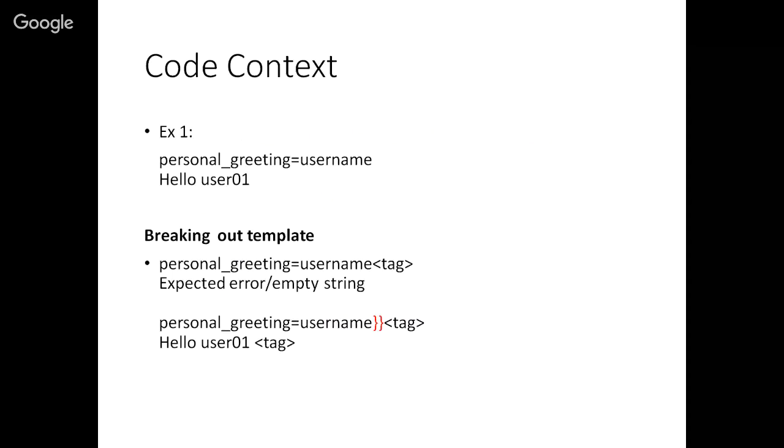Is it visible, the braces? Okay. If we give plain text, maybe we will get some error in that, or we'll get an empty string. So for the next step, if we are not getting any string, we try to inject some code, and that is the template syntax.